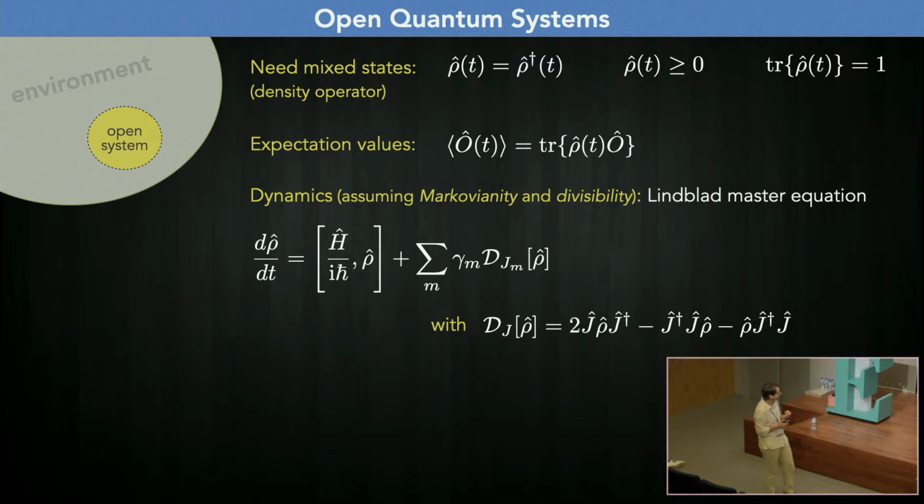So all Markovian divisible open systems obey an equation of this type. This is kind of the Schrödinger equation of open systems. So if you want, you can identify in here actually the Schrödinger equation. So you have the commutator between the Hamiltonian and the state.